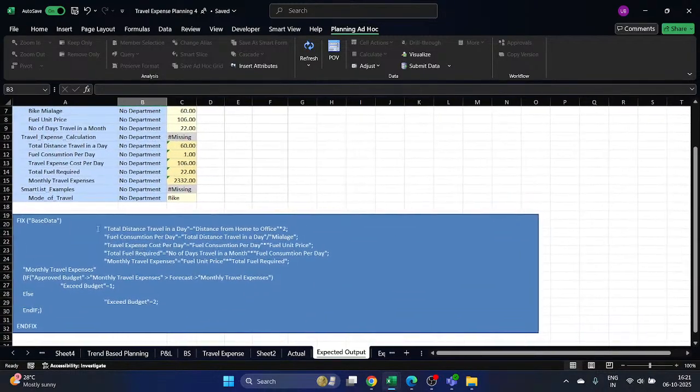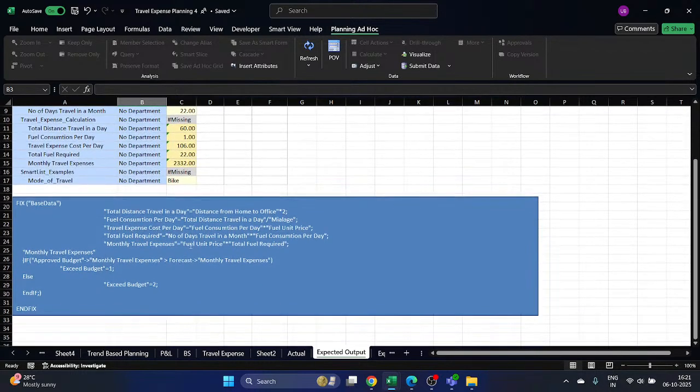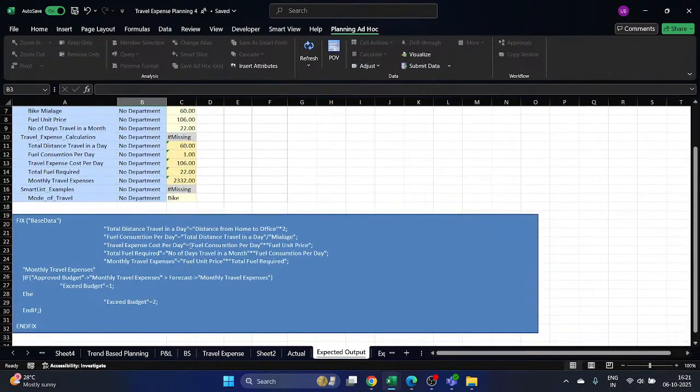And when we do this, the fixed base data. Here there are business rules.